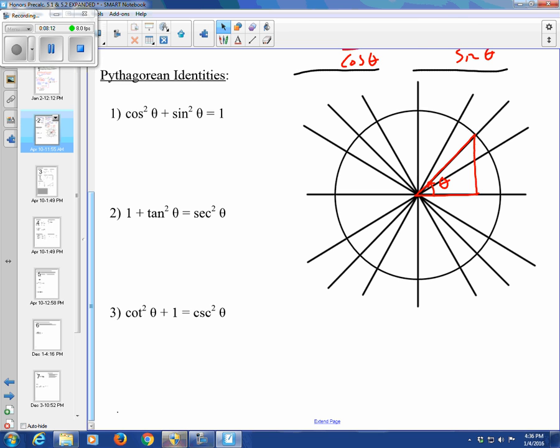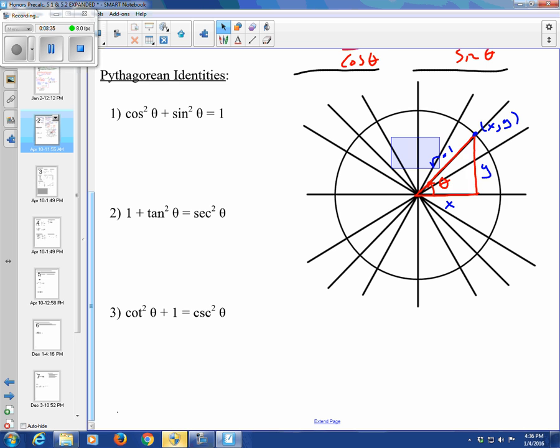Well, right here, I know that the opposite side is going to be y. I know the adjacent side is going to be some x, right? For some ordered pair we have as x, y on the perimeter of the unit circle. And I can say that the hypotenuse of this reference triangle is going to be r, which we know to be of length 1, right?